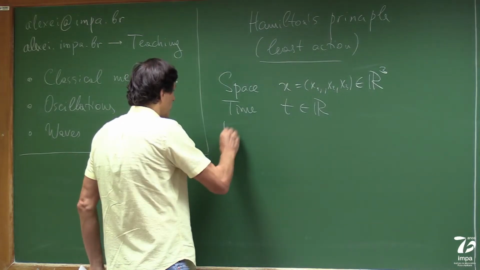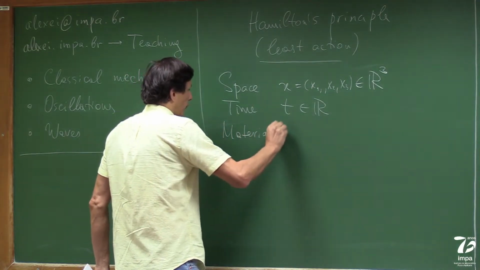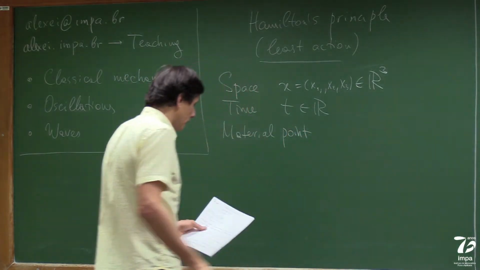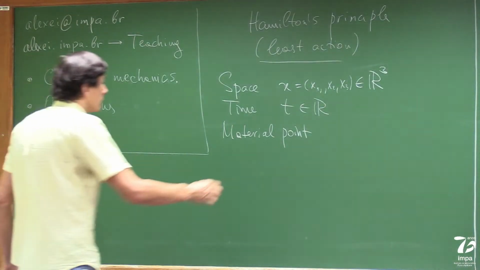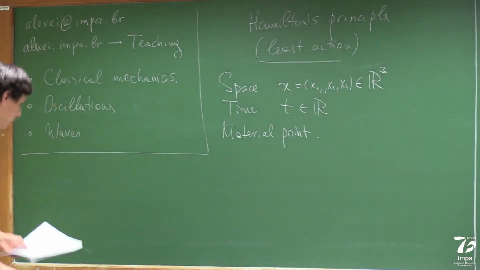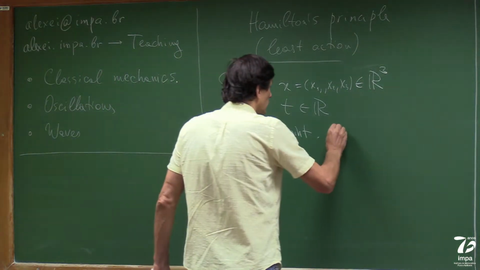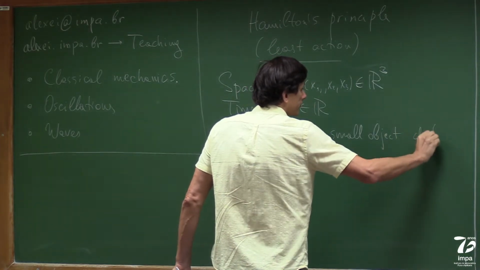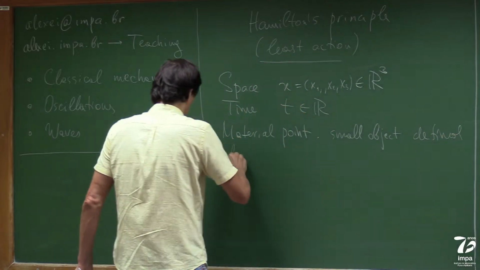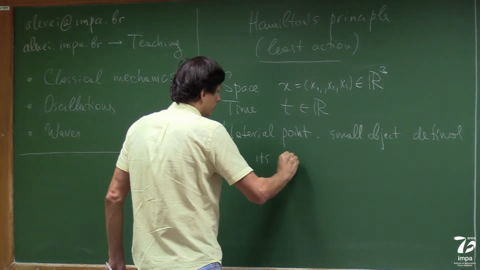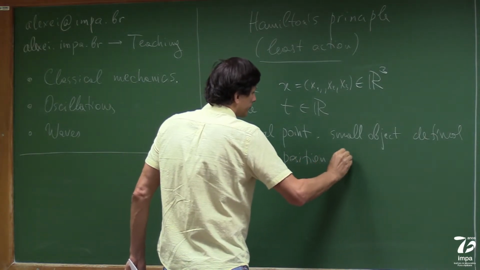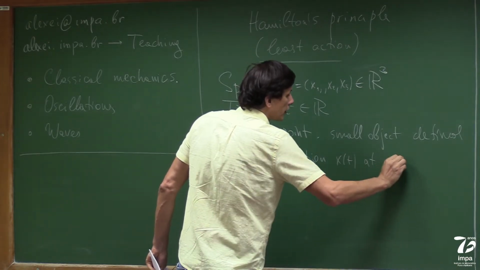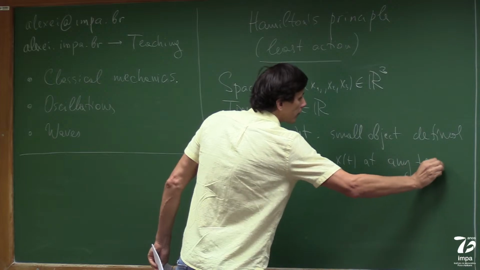A material point, or you can say a point particle or point mass. There are different words for this. A material point is a small object defined by its position at any time t.